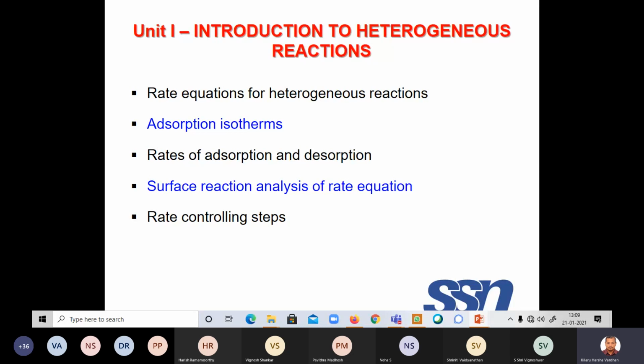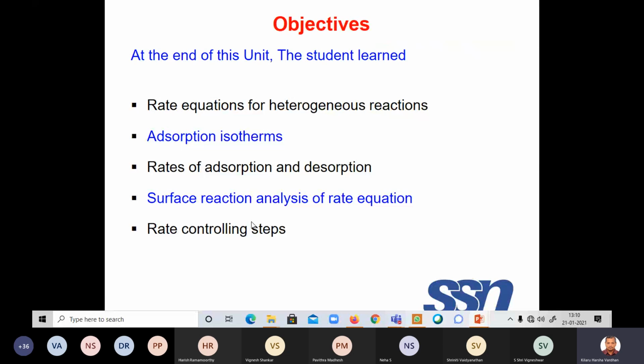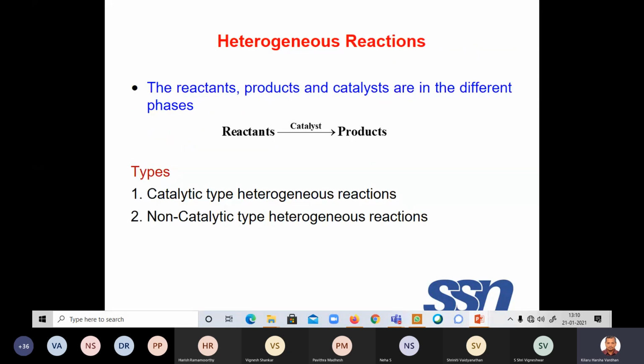Then we'll see adsorption, how to write the rates for desorption. Then how to go for the rate controlling steps and all. So these are the objectives of this unit, and we'll start with heterogeneous reactions.